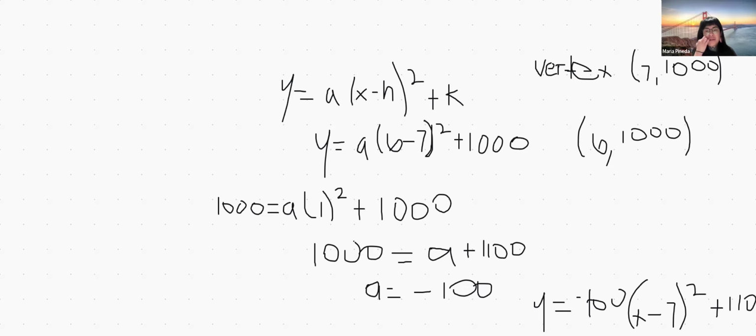This is the final equation for segment 3 that you would need.